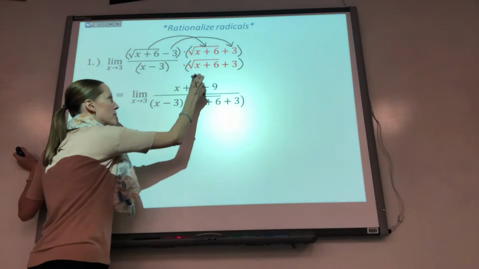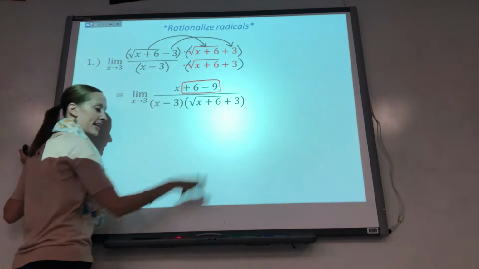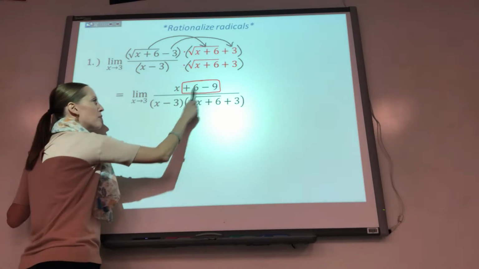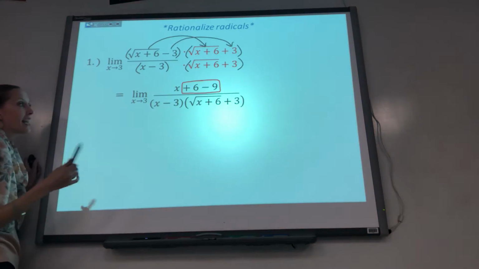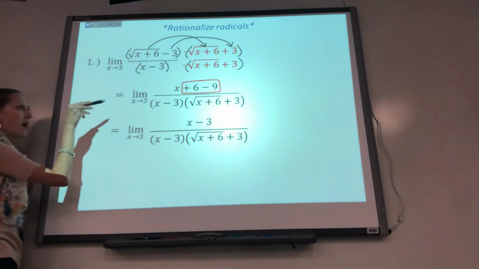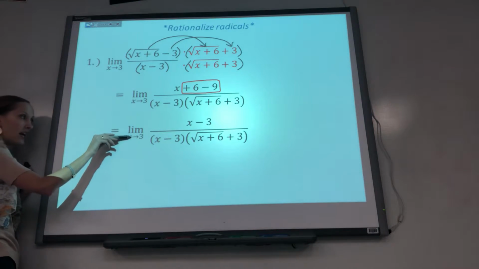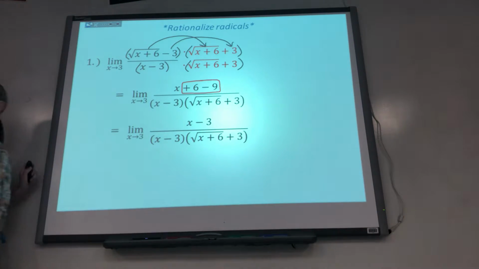Now we can probably make, bless you, we can probably make that look better. 6 minus 9 is negative 3. So all I did from here to here was simplify the numerator. Now it's just x minus 3.